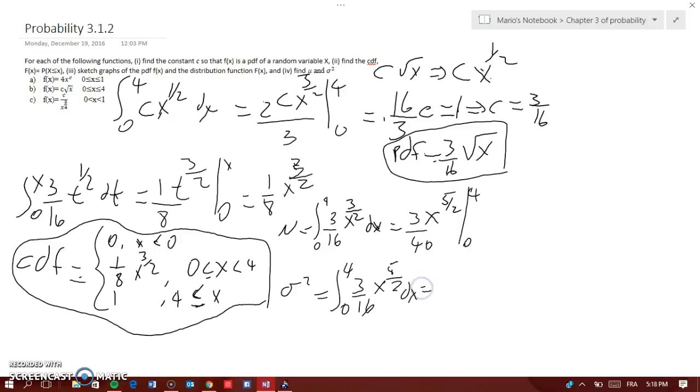When you add 1, that will be x to the power of 7 halves, and you would divide by 7 halves, which is 2/7. That's going to be a long one.